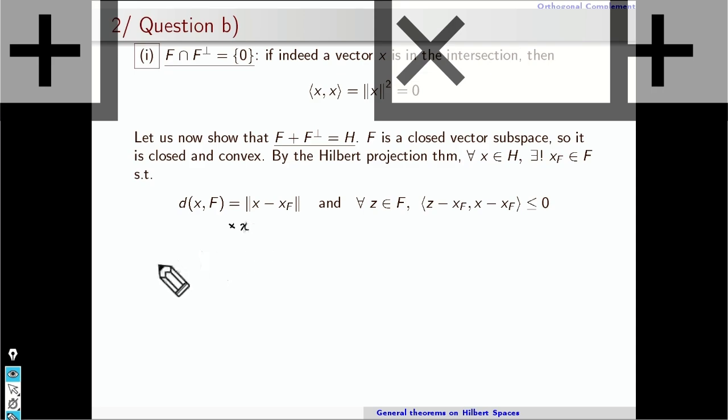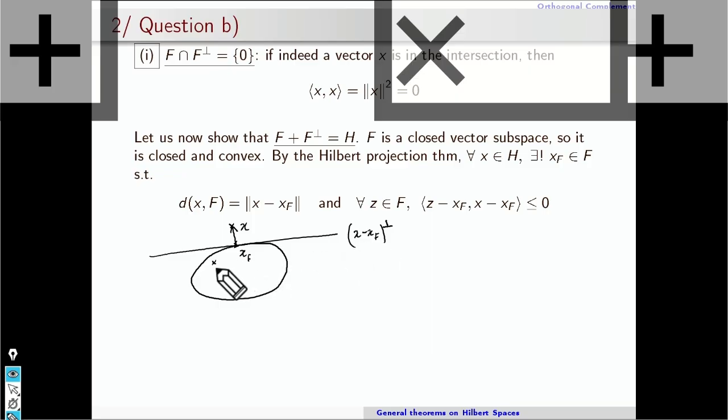So we have xF, the projection, and here I have written the orthogonal complement of x minus xF, so the hyperplane of vectors that are orthogonal to this. We will show that F in fact does not contain any element outside of this hyperplane.